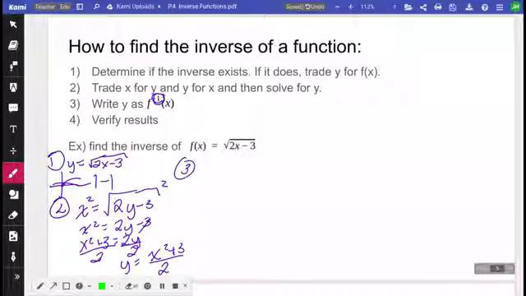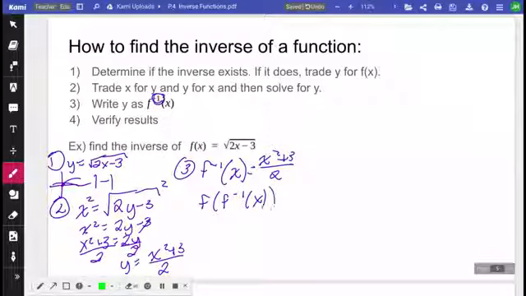Step 3 is to just rewrite it as f inverse. F inverse of x is equal to x squared plus 3 over 2. To verify, I'm going to plug them into each other. So f of f inverse of x is equal to root 2, and in place of x, I put the function I just found because that is my inverse.